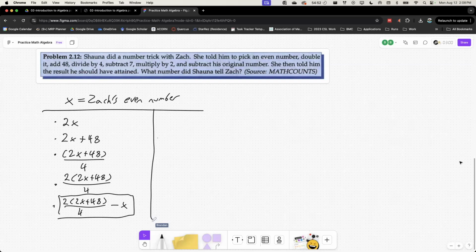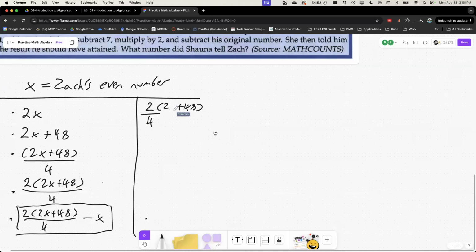Okay, so let's do that. Actually, before we do the 2 times 2x, we could divide out 2 over 4. Then that'll be more simple. It'll be 1 over 2 instead. Let me zoom in a bit here as well.